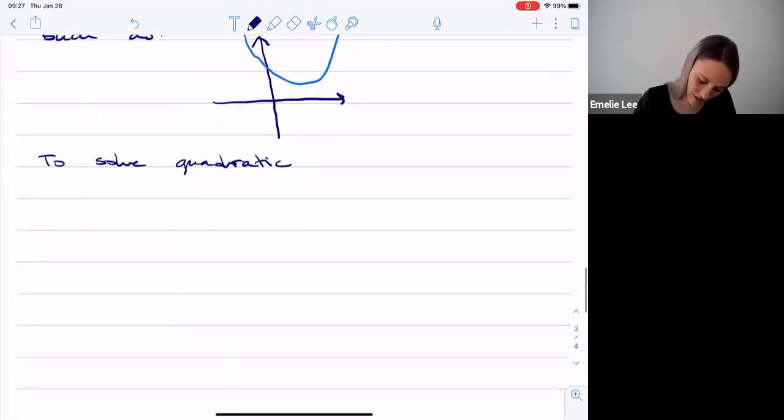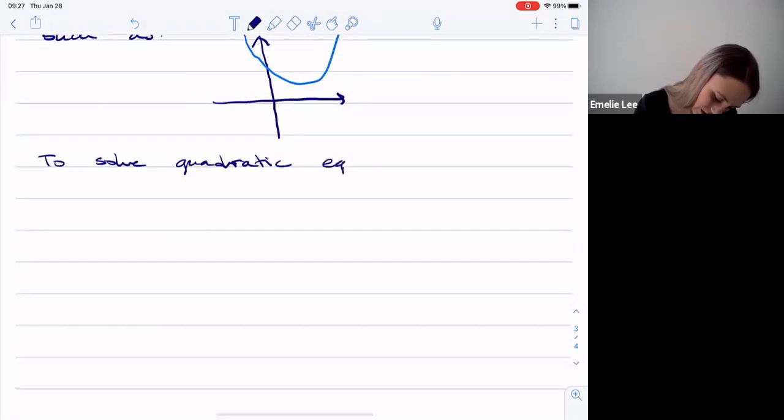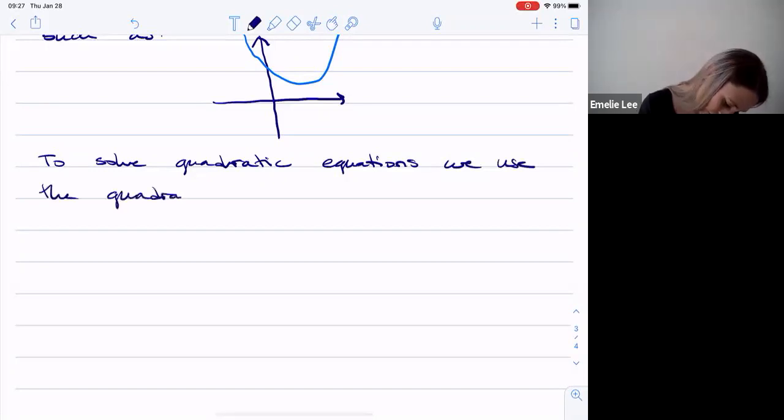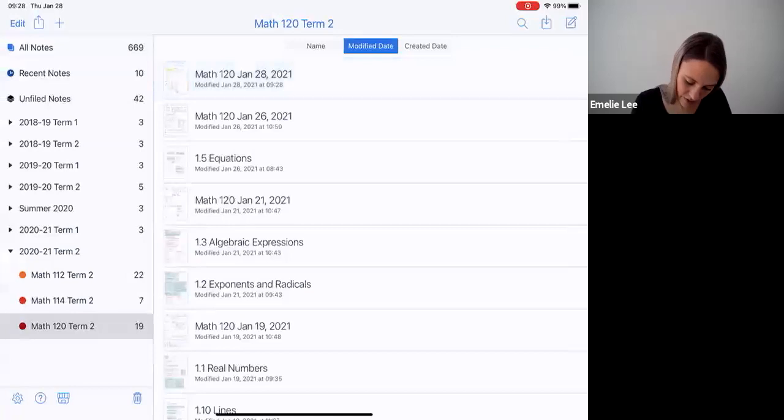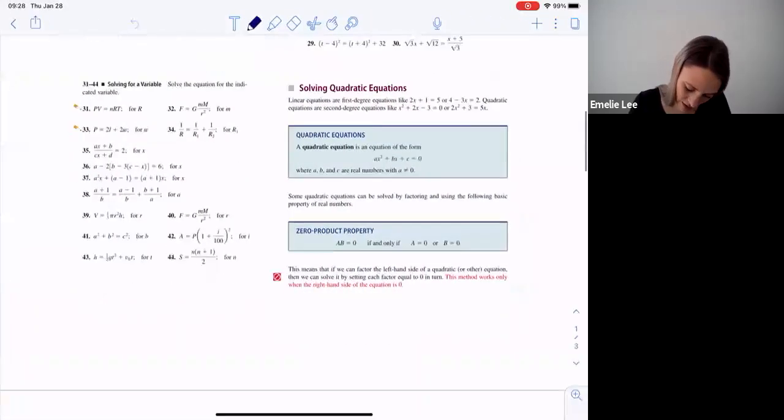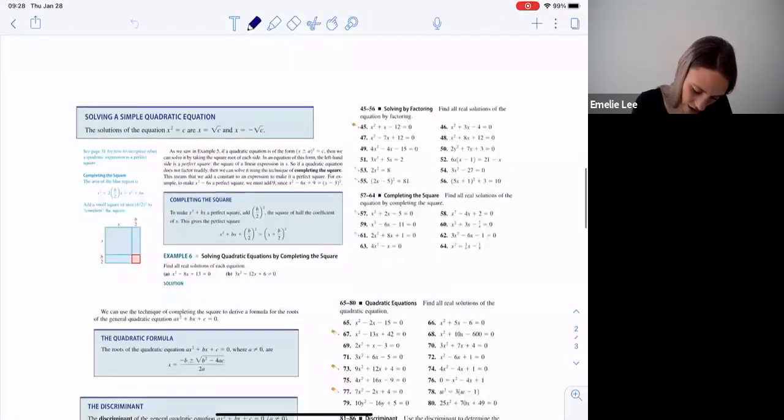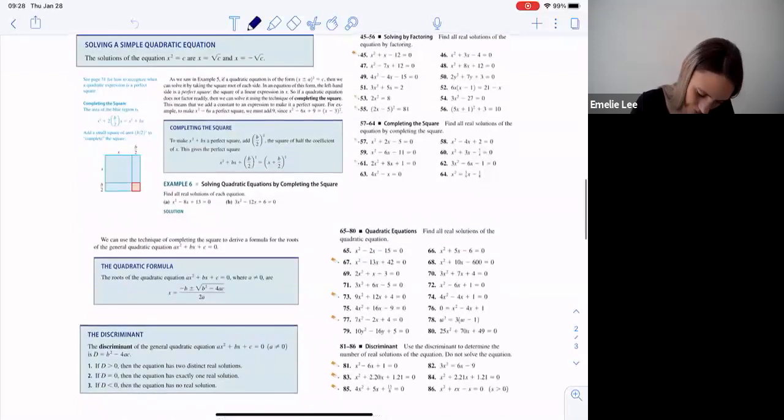But so to solve quadratic equations, we use the quadratic formula, which is, of course, on your handout, and it's on the second page.